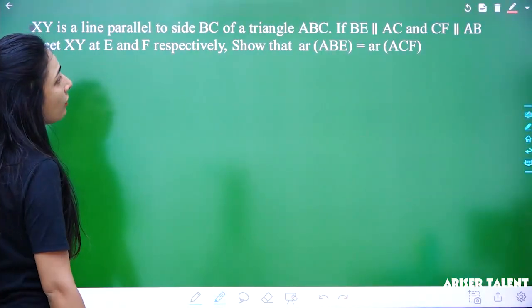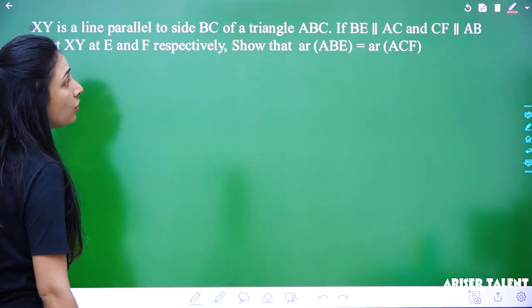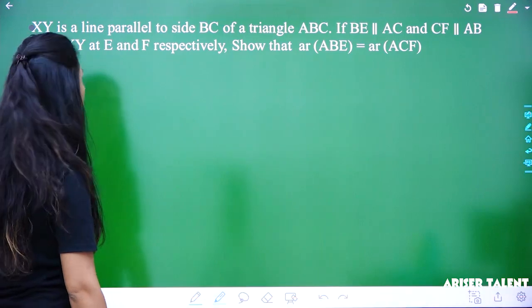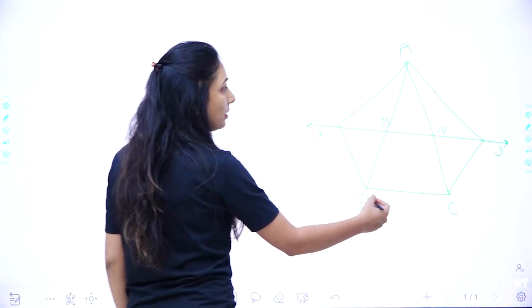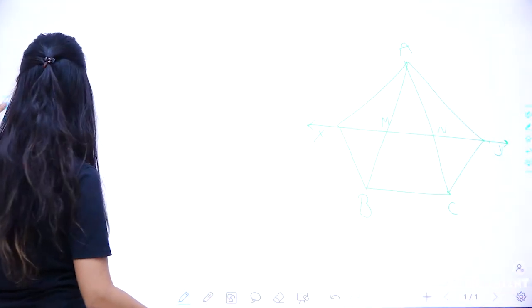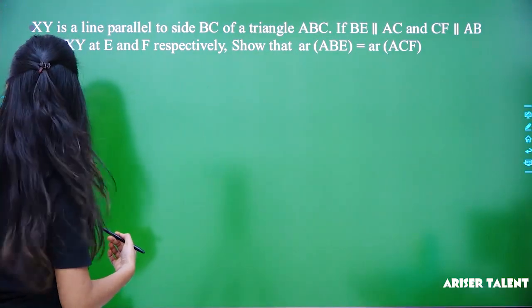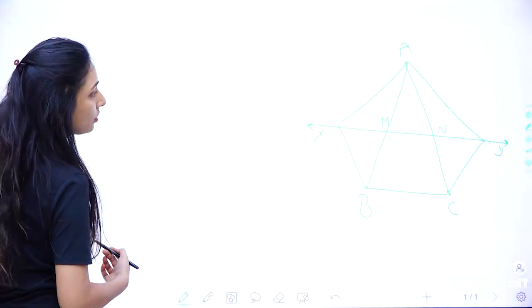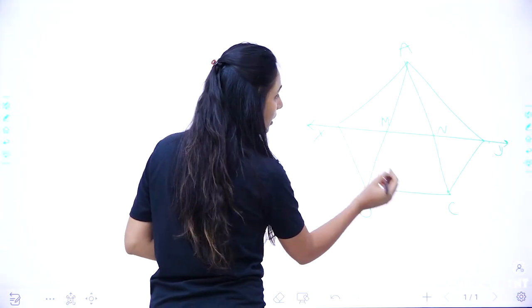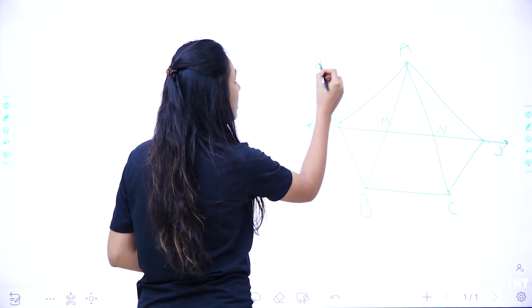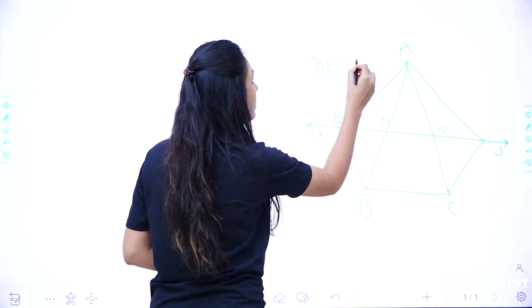Now it is given that BE is parallel to AC. We have this BE, and the point E is here, so this BE is parallel to AC.